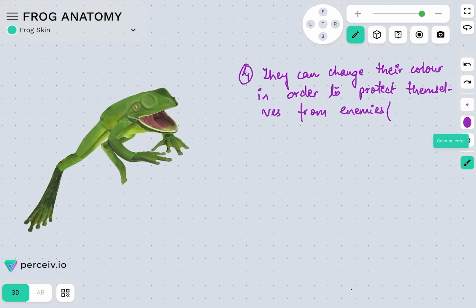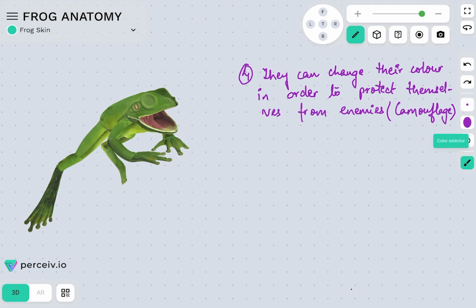This property is called camouflage, and this protective coloration property is also called mimicry, you can say.